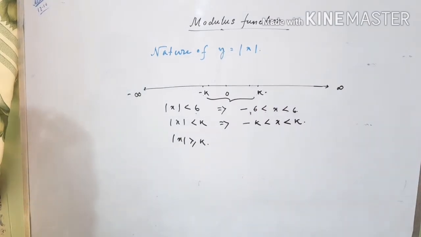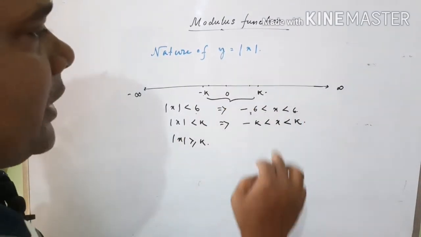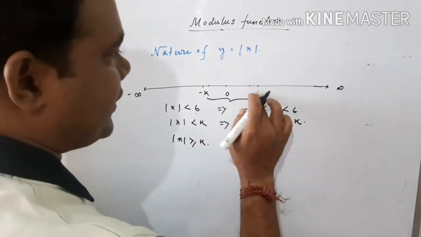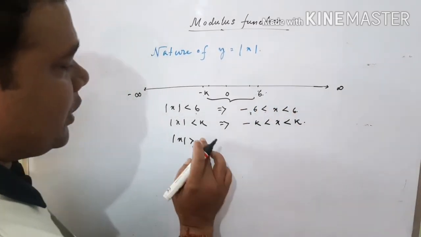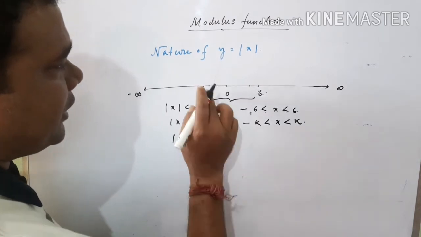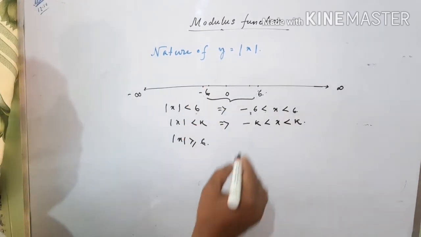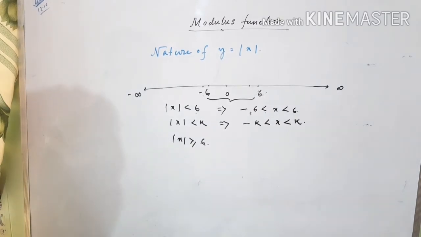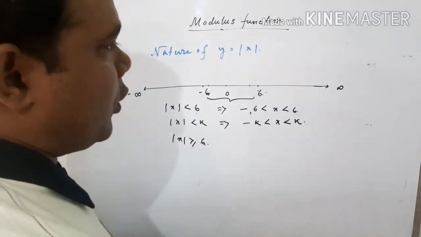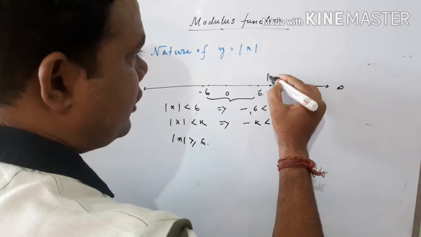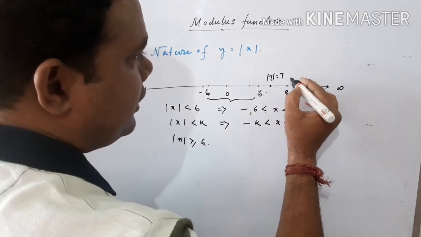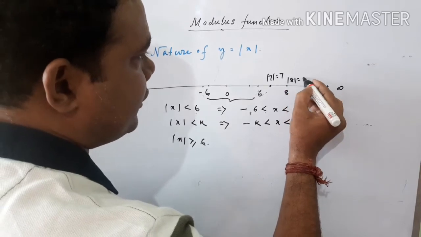Now if you take any value at the right of k, let us take 6, and we consider mod x greater than 6. Here it's minus 6. Now if you take any value at the right of 6, maybe 7, 8, what are their mod values? Here is 7, so mod 7 equals 7. Here is 8, so mod 8 equals 8.